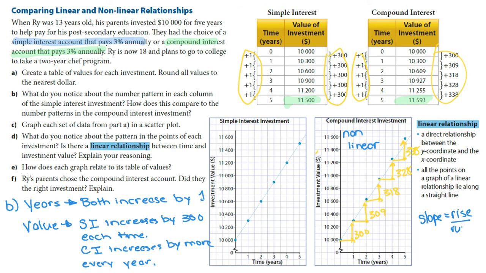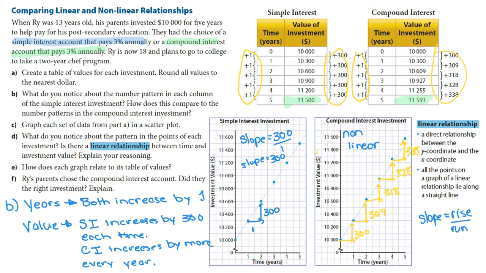If I look at the slope of this line, between every 2 points, I go over 1 and up 300. So if I want to find the slope of this line, I would do the rise, which is 300, over the run, which is 1, which means my slope would be 300.